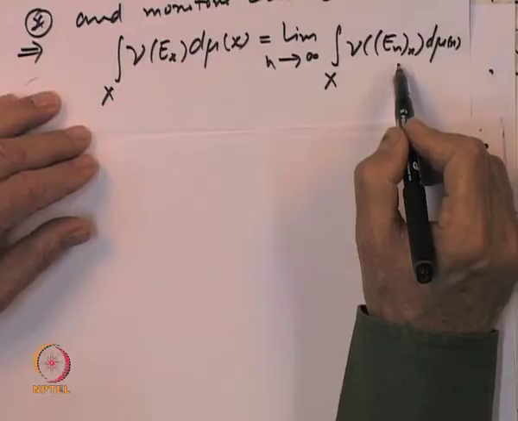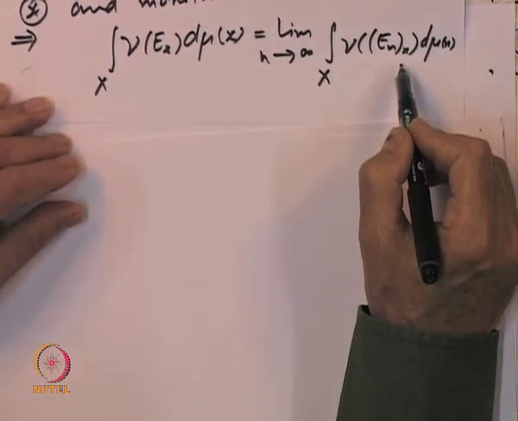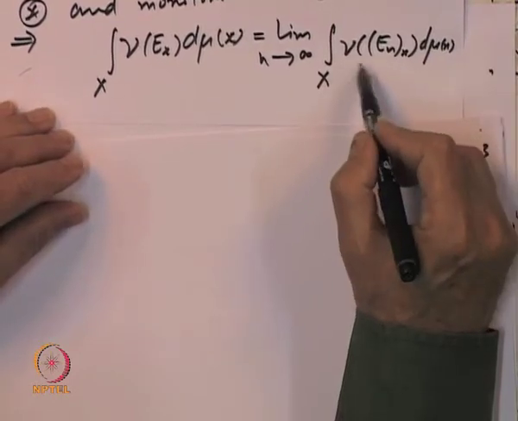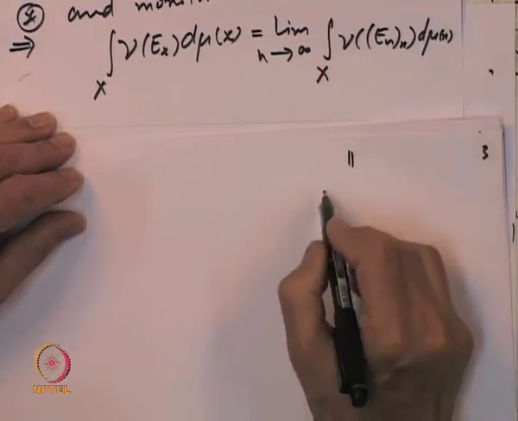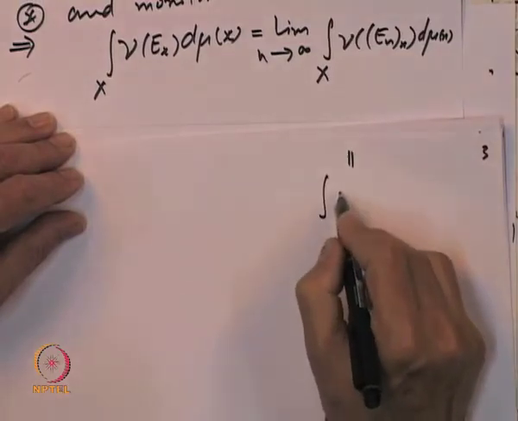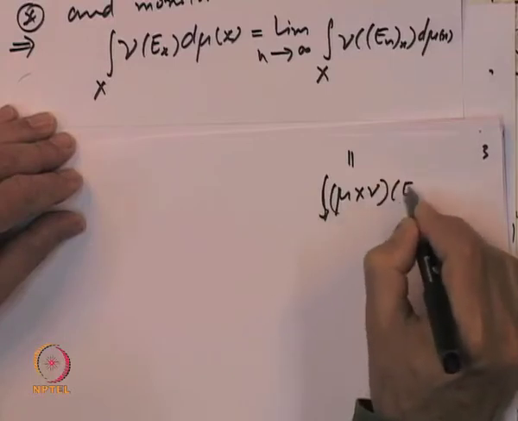Let us observe that E n belongs to the class P. So, property 2 of that says that if I integrate nu of E n, the sections, with respect to mu, this integral is equal to the product measure mu cross nu of E n.